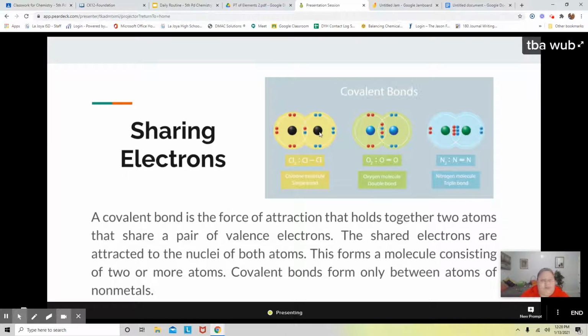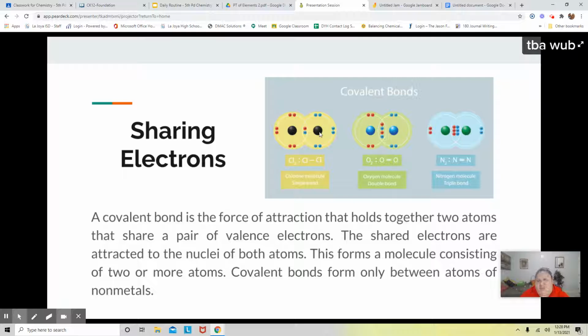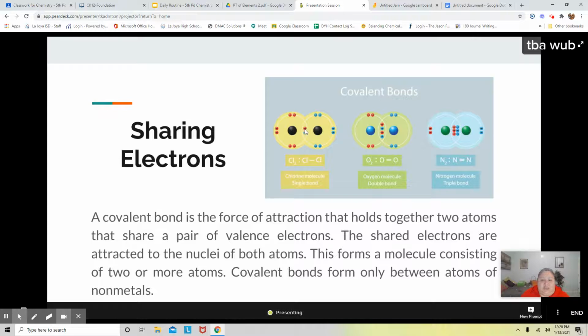Students, you can just post it in the chat. You don't have to come off mute. How many electrons are stuck in the middle of these two atoms?